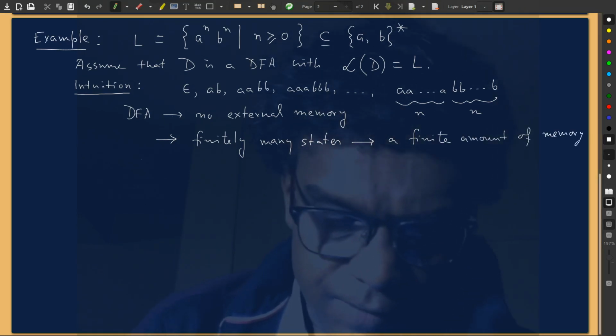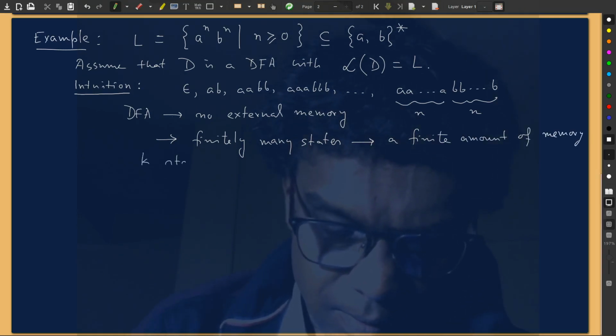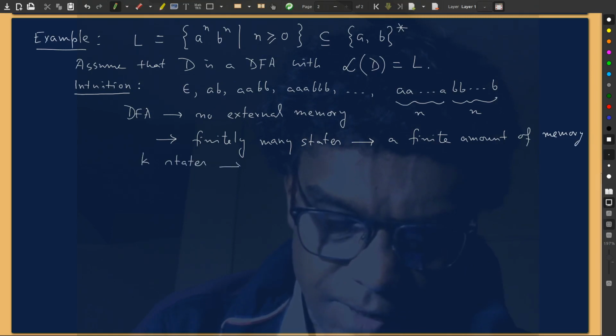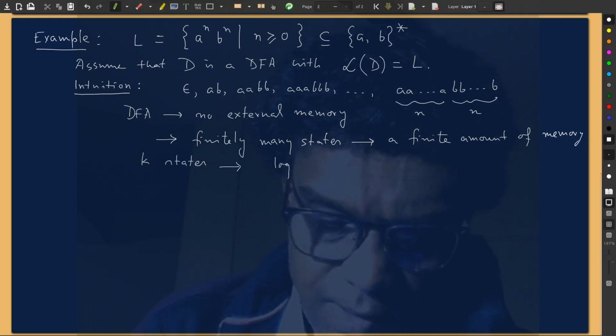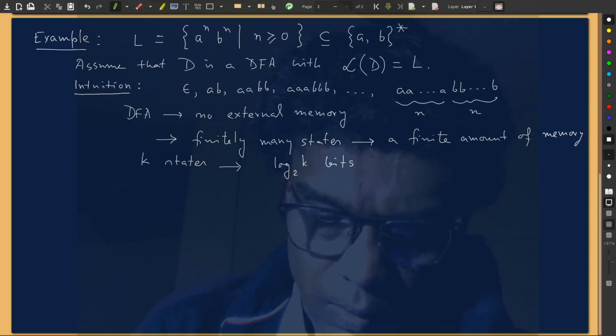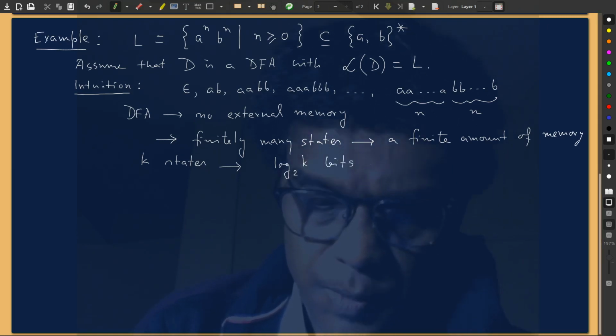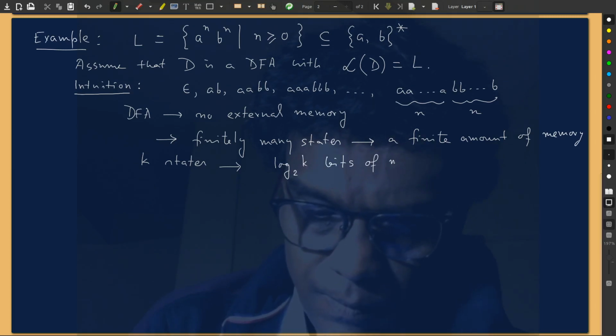In particular, if there are k states, then using these states, the DFA can remember at most log of k to the base 2 bits of memory.